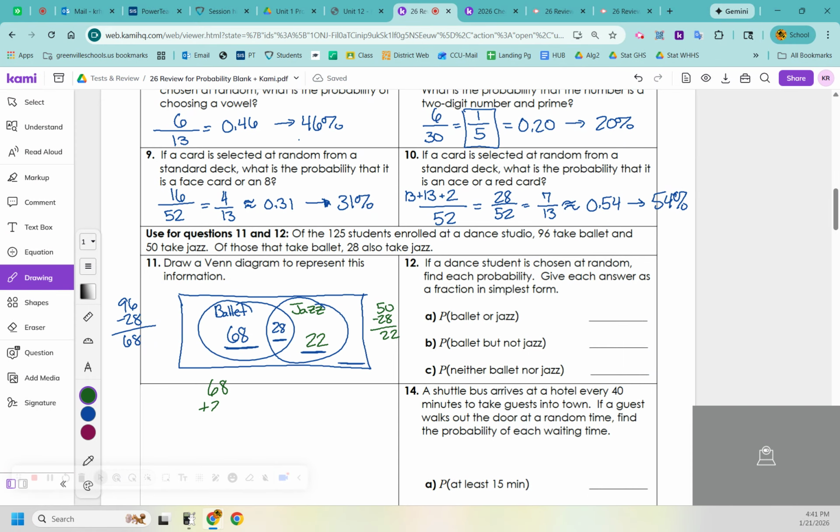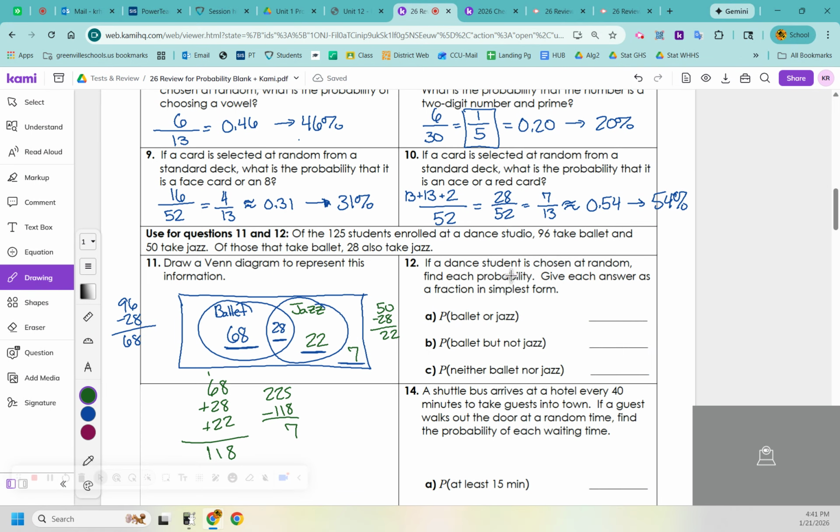And right now we're adding up to 118. So 125 minus 118, we have 7 students still unaccounted for. So these 7 do not take ballet or jazz dance. They take something else. All right, so there's your Venn diagram.